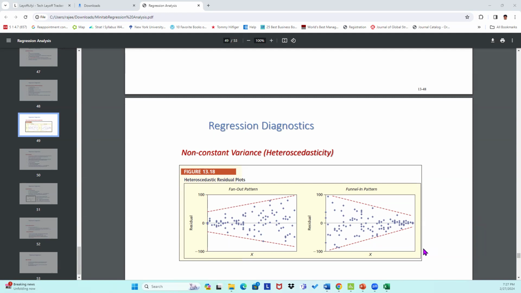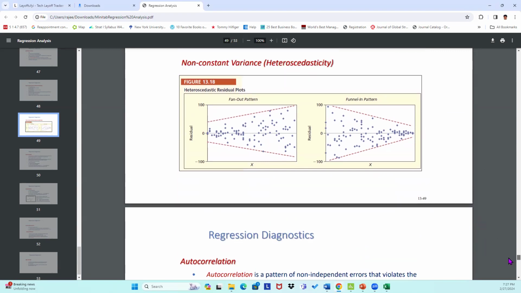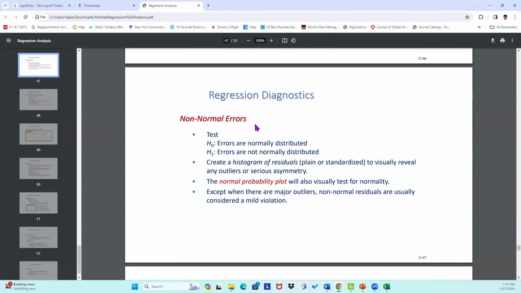I have a question too while Gavin types his question in. When we see the fan out, fan in pattern and it's pretty obvious, what do we conclude? Let's say the p-value tells us that the model is useful, but then we see this pattern. So in real life, what would you do? In real life, you can only plot this non-constant variation.